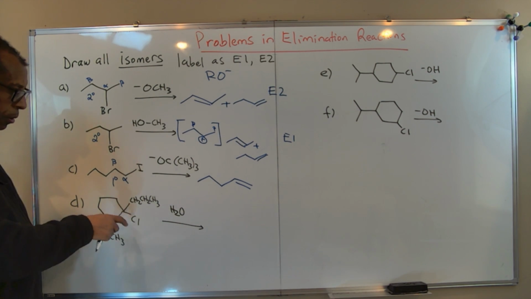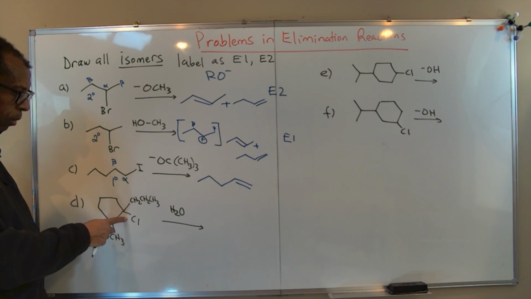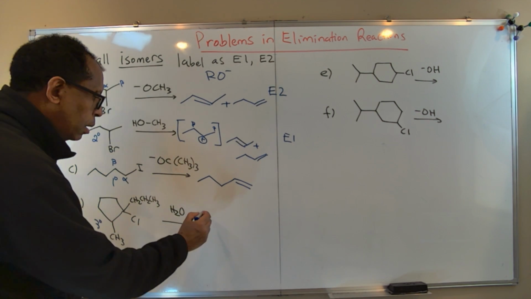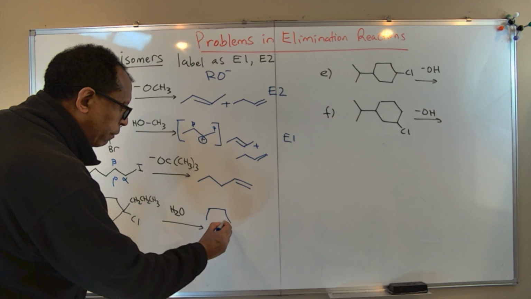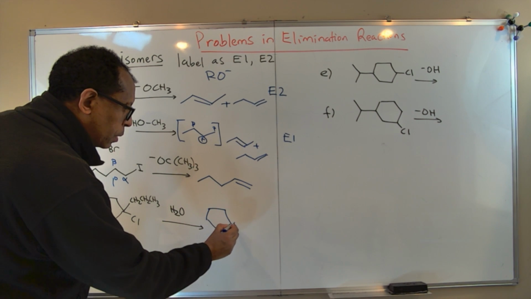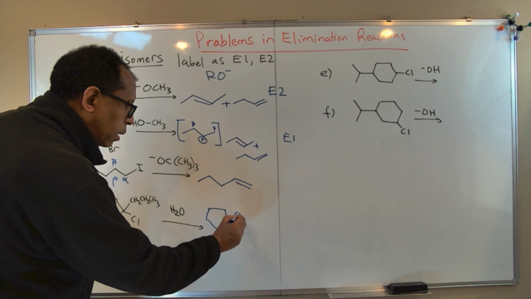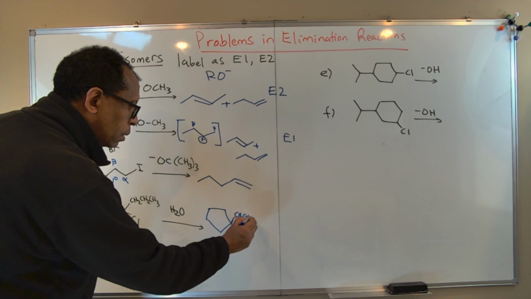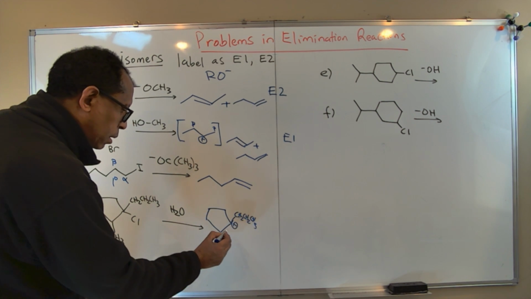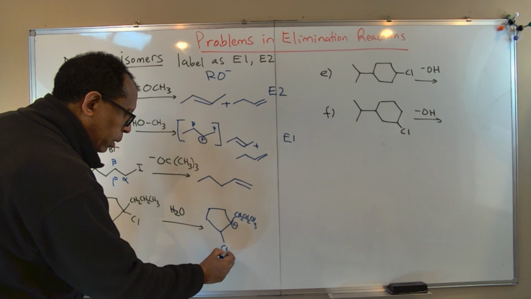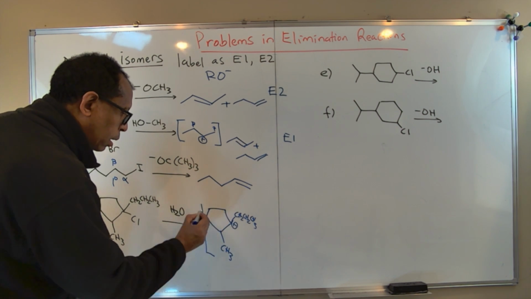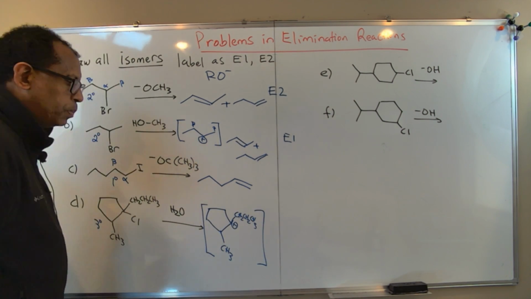Also, the carbocation that's formed is very stable. This is the carbocation that would be formed when chlorine leaves, and you have CH3 here. So this is the intermediate carbocation.